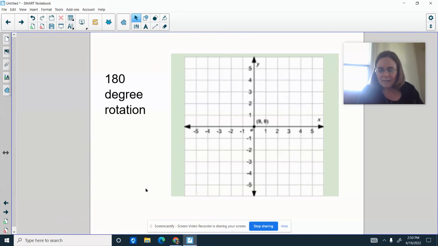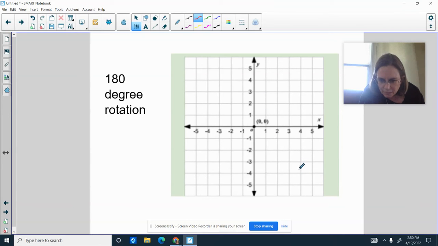Now a 180-degree rotation. So let's get our original point. We haven't tried anything. Let's start with something, let's do this one. Let's start right here.